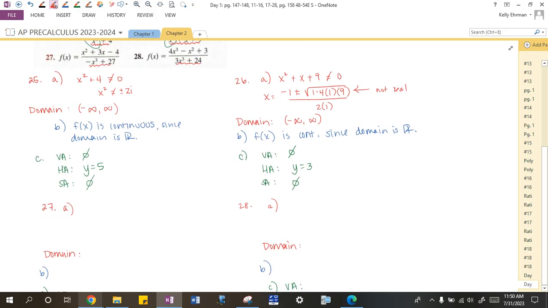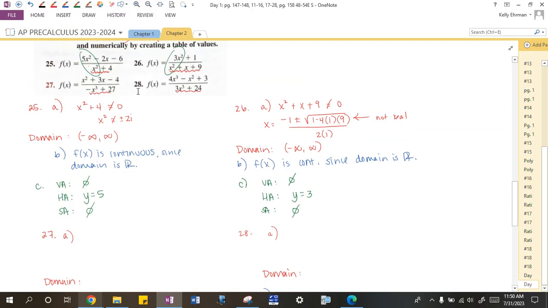Okay, for 27, I'm just noticing that the numerator can factor a bit, so I just want to double check on 27 that I don't end up with any holes. So this would be x plus 4, x minus 1, and this is a difference of cubes. I'm looking at it as 27 minus x cubed, so 3 minus x, and then I'm sure that we've talked about this before.